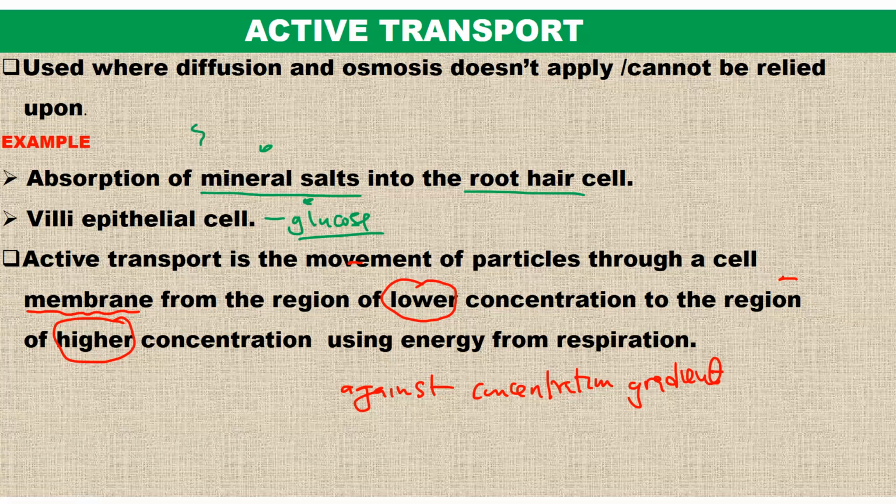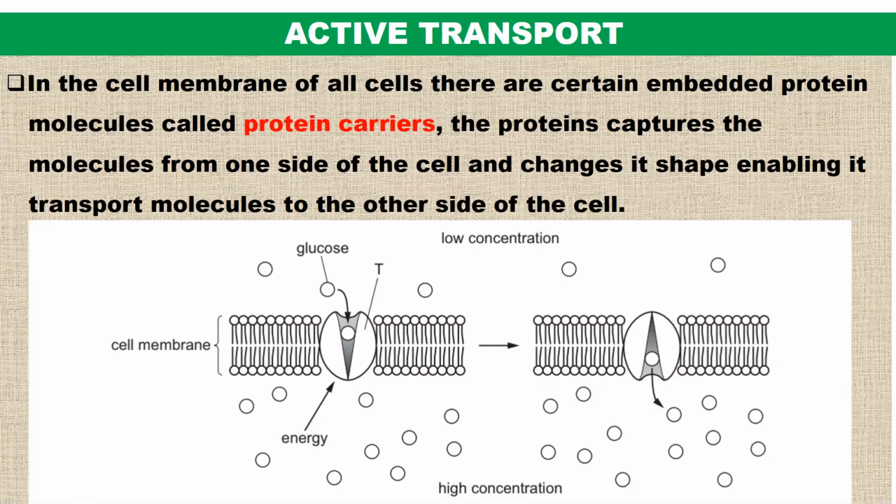But we are also going to look at the protein carriers that are involved in movement of materials across the cell membrane. How is it possible to move across the cell membrane? All cells are embedded with proteins.